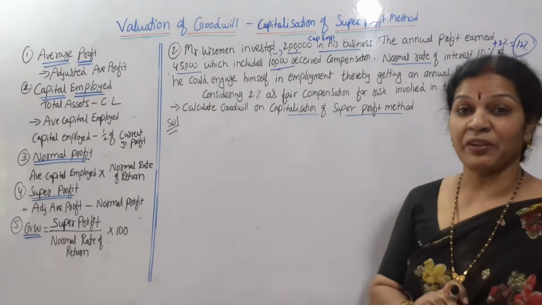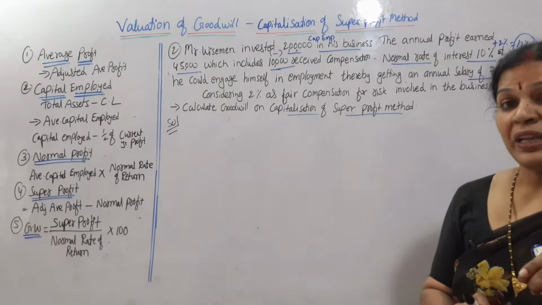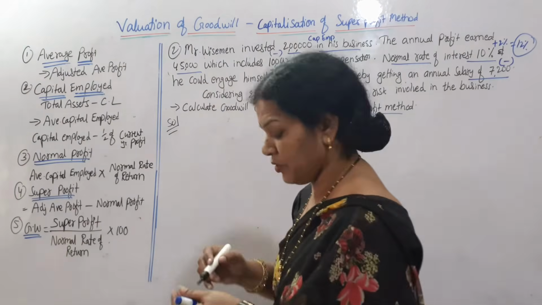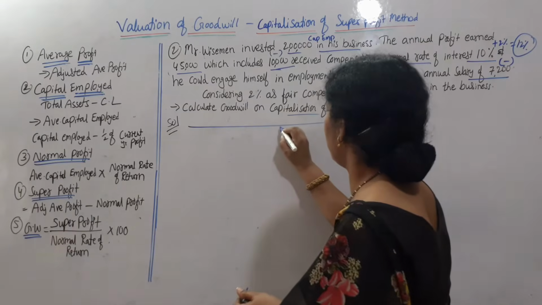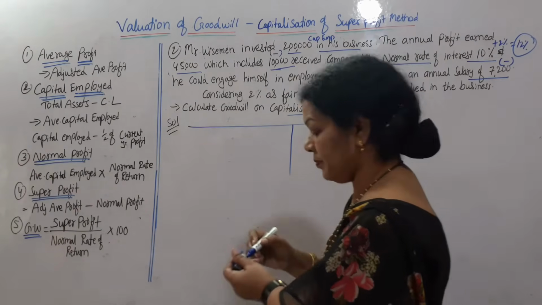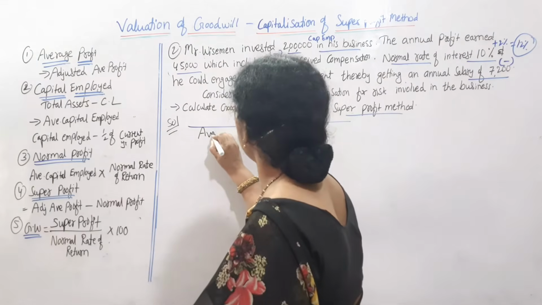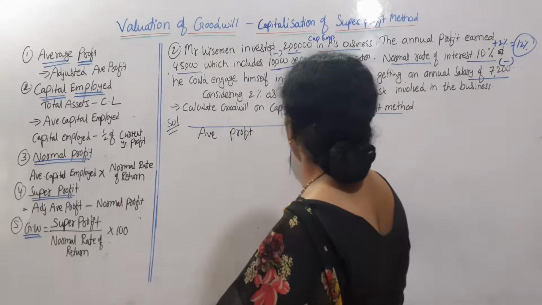First thing is average profit. Average profit is already given, and to that we have adjustments. You can show it in a table. Average profit 45,000.